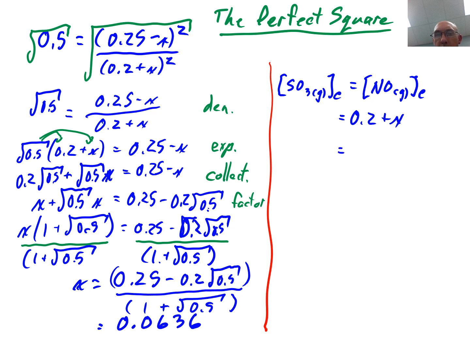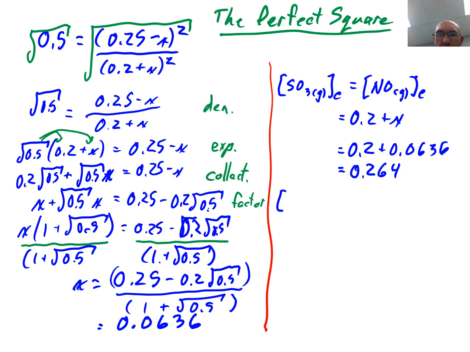You'll be able to do this directly on your piece of paper if you left the spots above. So now we have 0.2 plus 0.0636, and that's going to round to the correct significant figures, 0.264. You've already got the heading of moles per liter in your heading, so we should be good there.